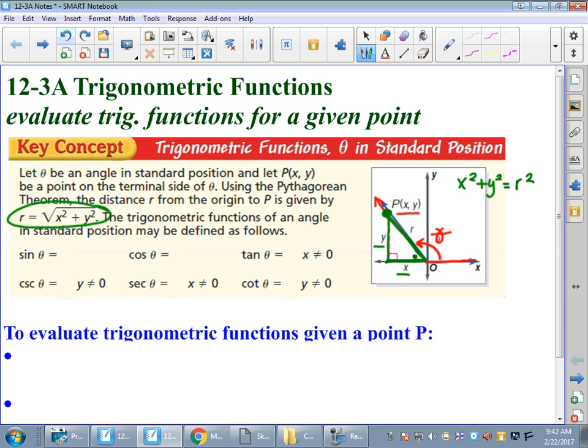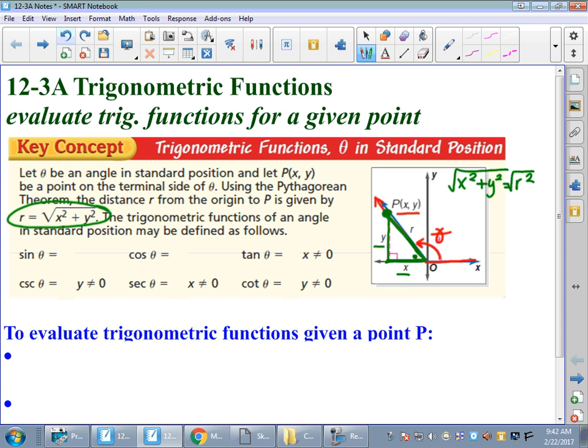Then when you're all said and done, you square root both sides. r is positive because, number one, you're taking the square root of a number, and you're squaring two numbers. Whether x was positive or negative, or y was positive or negative, when you square them, they all turn positive. So r is always positive because it's a distance.